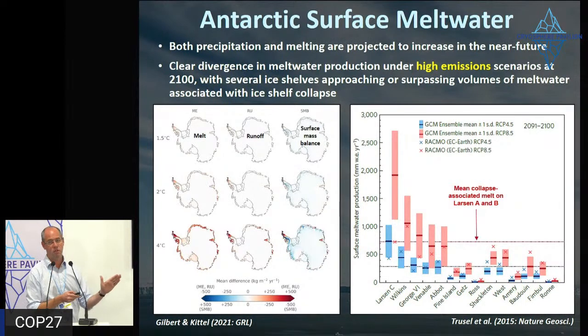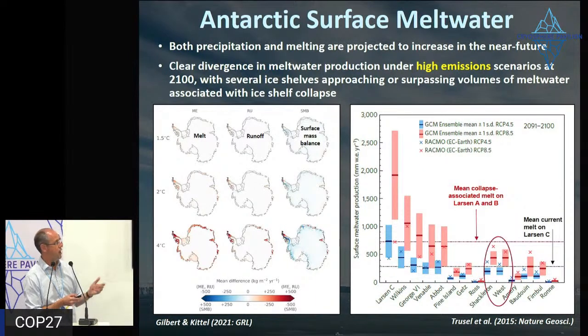But under a high emission scenario, we start to take Larsen C with the Wilkins ice shelf, George V, and several other ice shelves around the Antarctic Peninsula. But also some of the other ice shelves in East Antarctica, the West and the Shackleton, under high emissions, start to approach some of those melt rates that we know fractured apart some ice shelves in the Antarctic Peninsula.